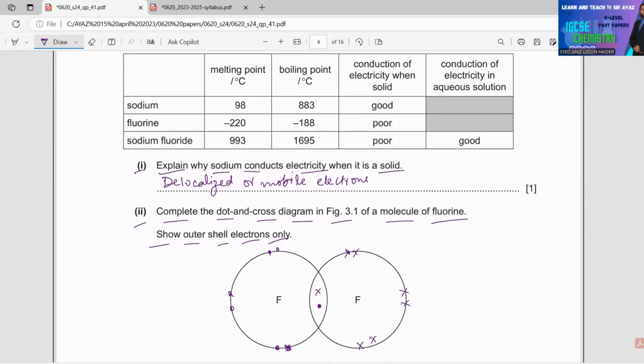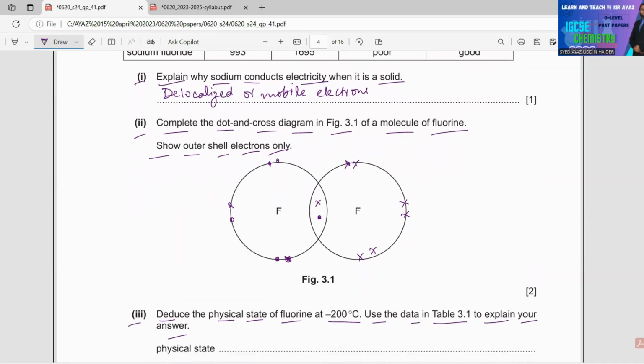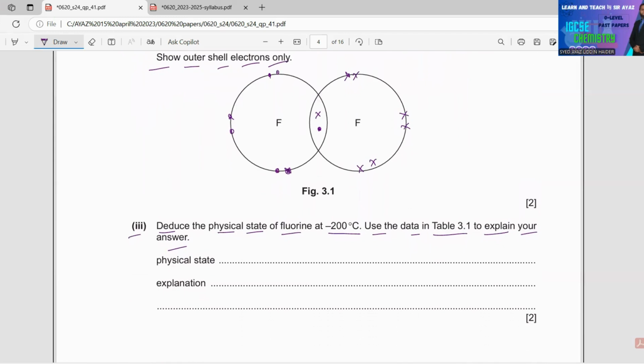So it must be in the liquid state because -200 is between -220 and -188. So physical state must be liquid. Now for the explanation, refer to melting and boiling point.